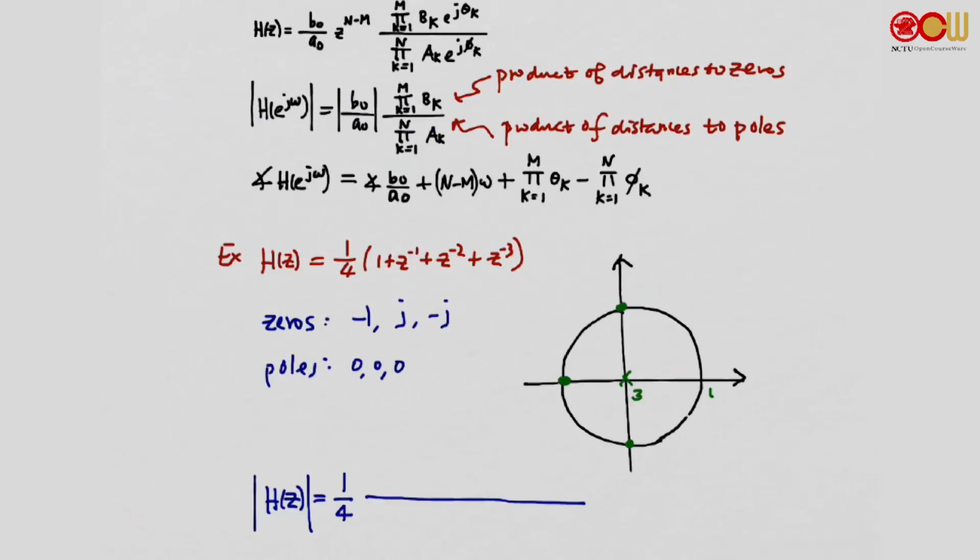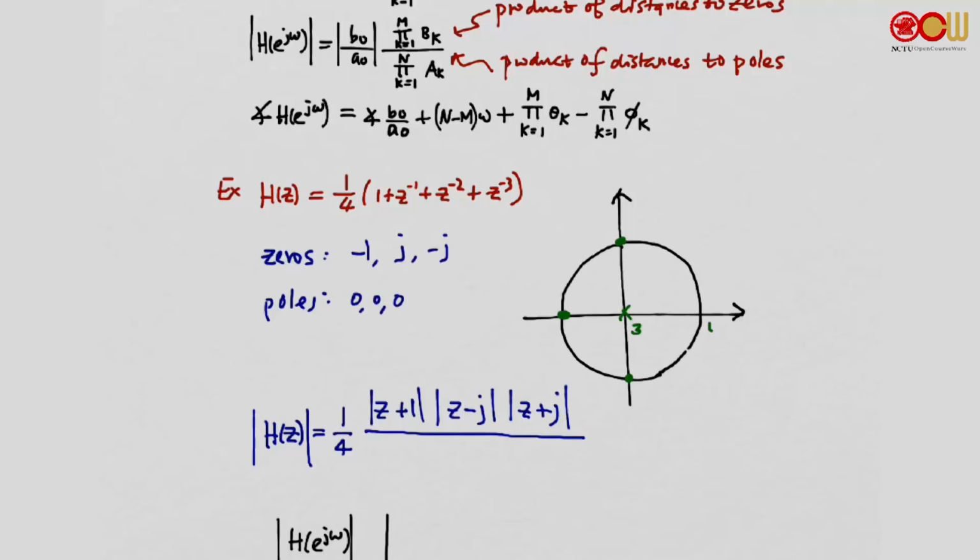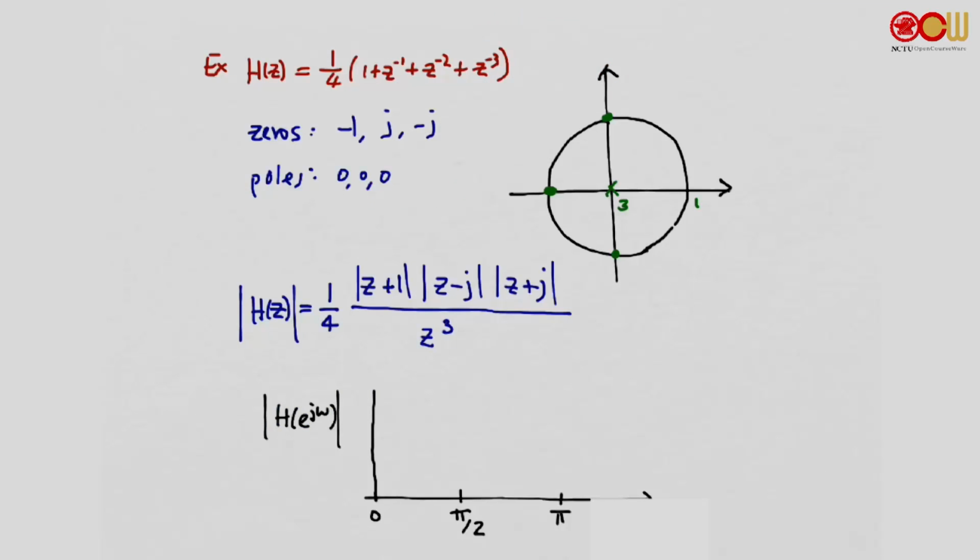Now let's return to the rectangular window example. In the numerator, we would have the distance to all the zeros: the distance to the zero at j, the distance to the zero at minus j, and so on, and the distance to the poles. The poles are at 0, so it's z to the 3rd.